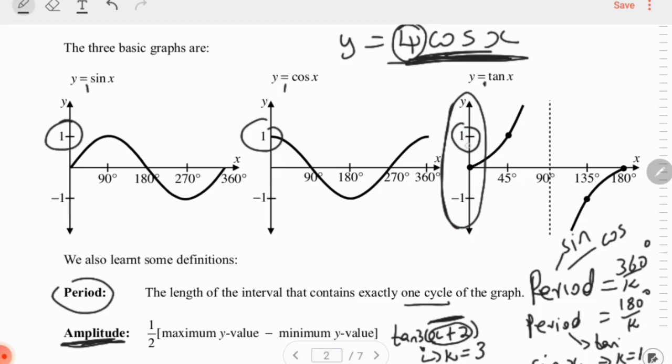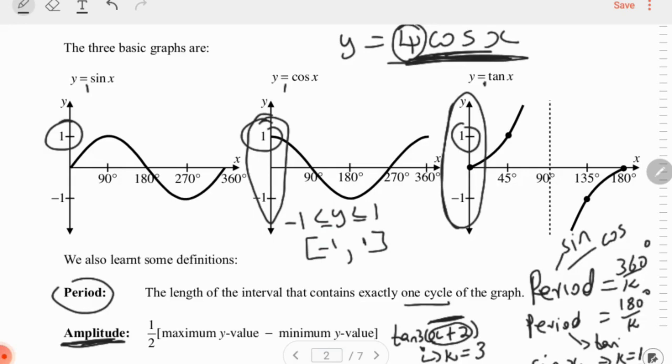For this cos graph, you will see that the graph vertically goes from -1 to 1. That is your range, so you say y is between -1 and 1, or in square brackets, -1 less than or equal to y less than or equal to 1, because -1 and 1 are included.